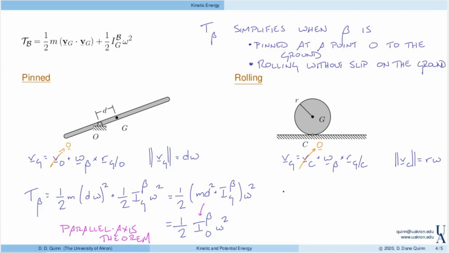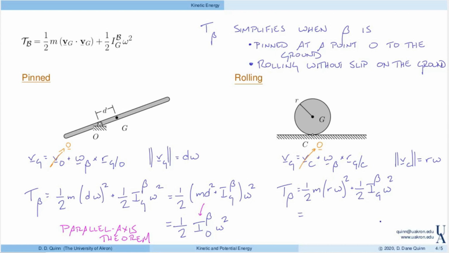And just like before, we find that the kinetic energy is 1/2 times the mass, r omega squared, plus 1/2 Ig omega squared.